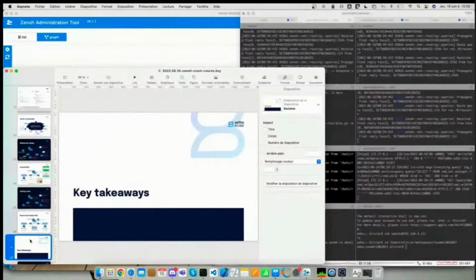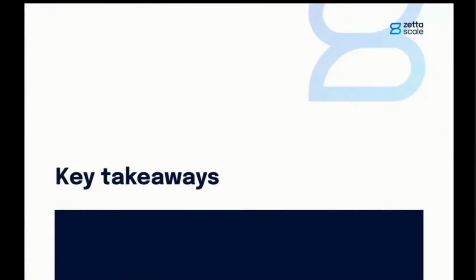Thanks, Julian, Olivier, and Carlos for a very nice live demonstration of the key capabilities of Zenoh, and specifically in the use case of our smart factory and the virtual fence.